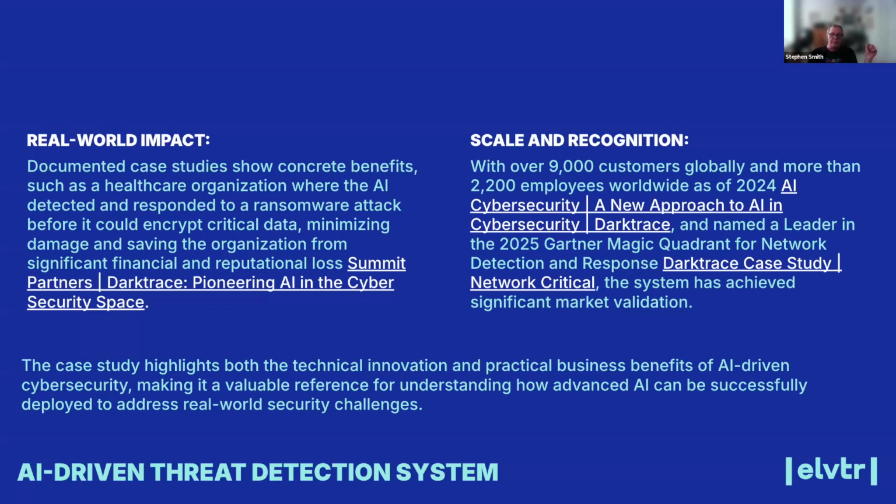So I'm not 100% down with fully autonomous, but I think you need to have a human in. But you could avoid millions in downtime, have better patient safety, and your reputation stays clean. If you have something based on anomalies as opposed to signatures, you're going to get better results. So that's Darktrace's claim to fame, right?